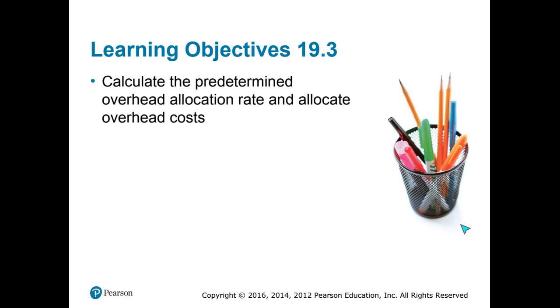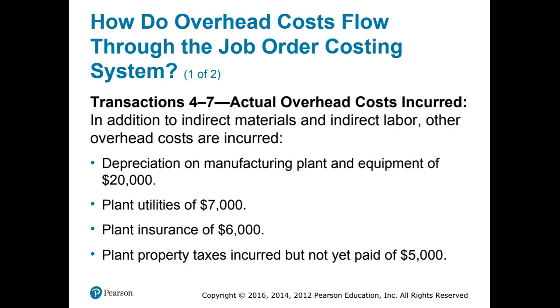All right. So 19.3, calculate predetermined overhead allocation rate and allocate overhead cost. So how do overhead costs flow through the job order costing system? We're referring to transactions 4 through 7, shown on page 881.